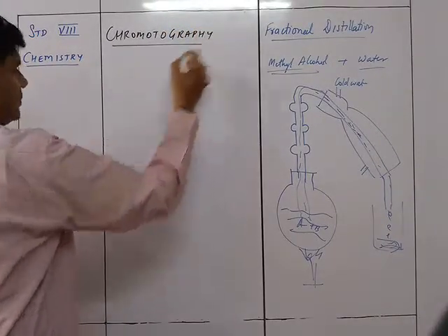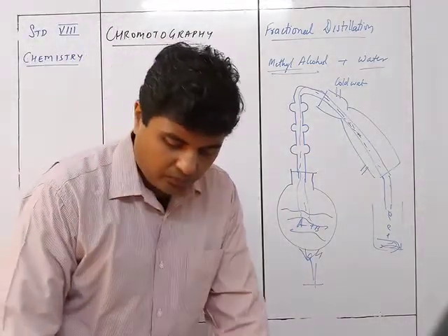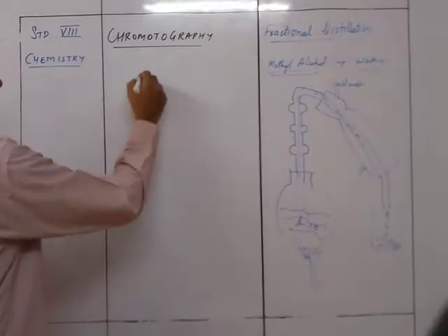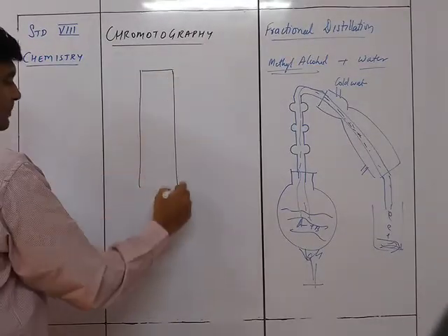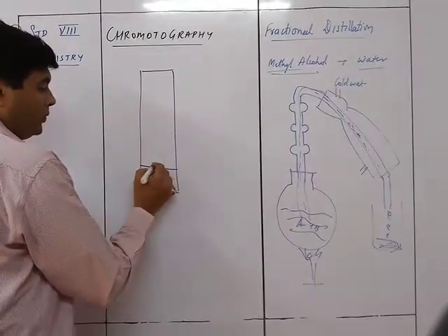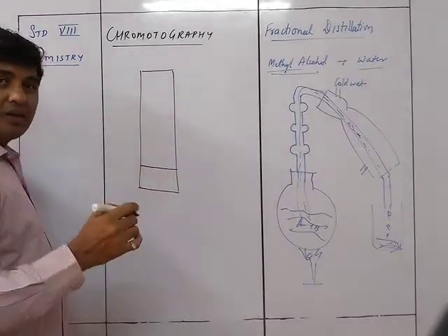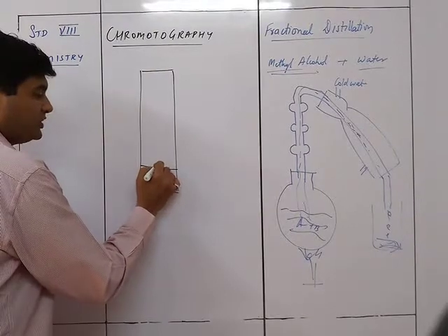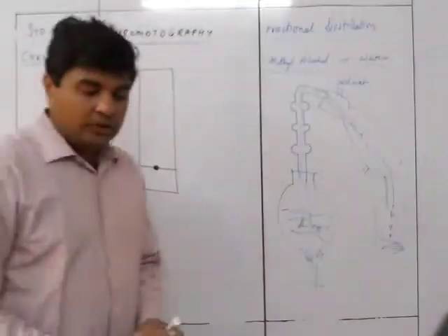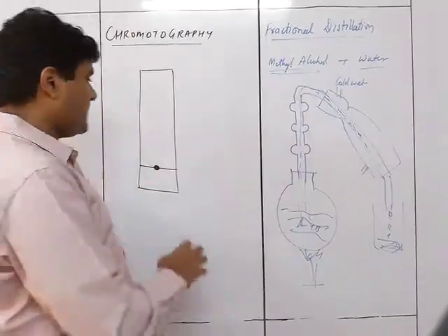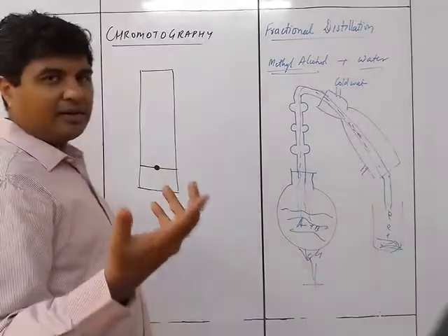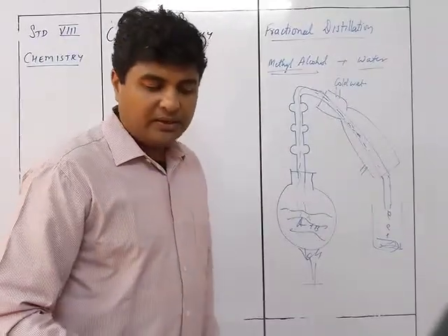In this case, what you do is we take a piece of paper. This is a particular chromatography paper, and to this paper, on one particular line, we are going to put an ink drop. So this is going to be the drop of the ink. Okay, so an ink spot is there. The paper is basically a normal filter paper. There's nothing different between a filter paper and a chromatography paper.